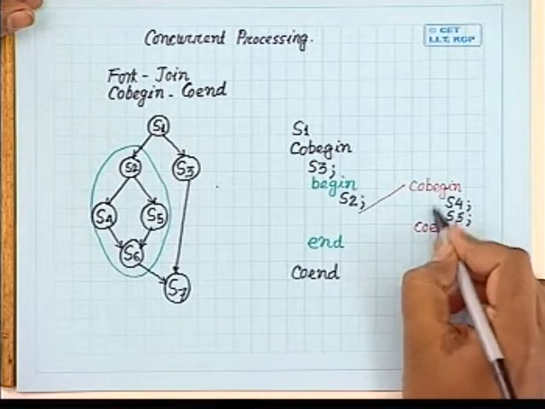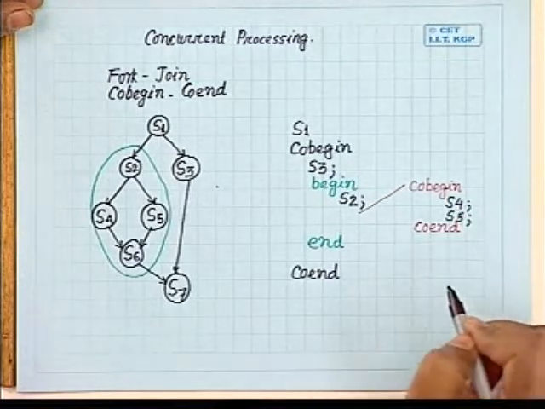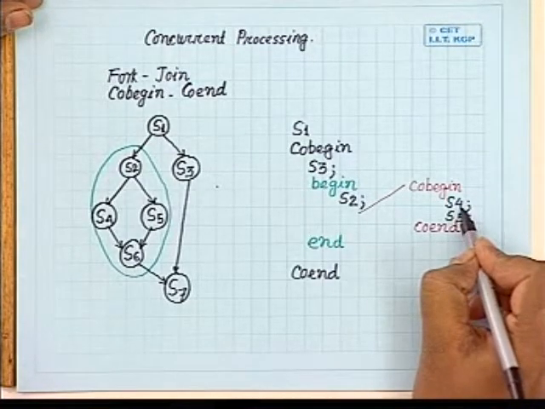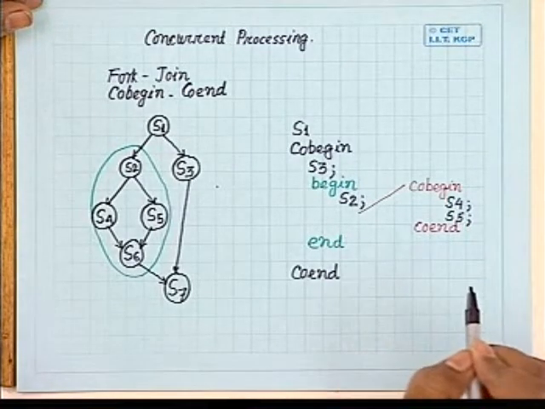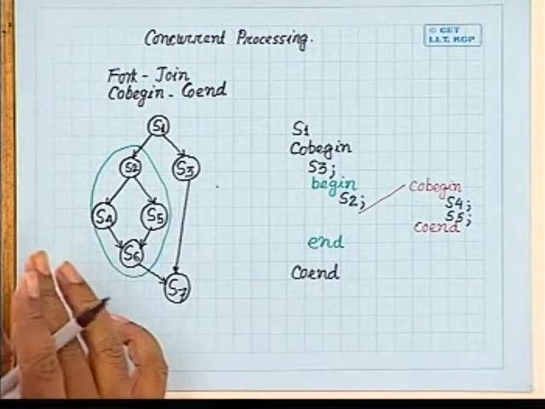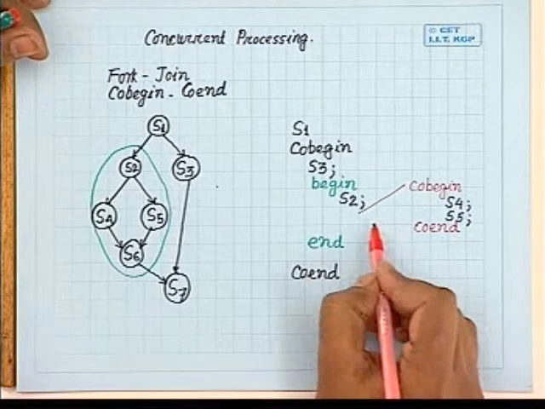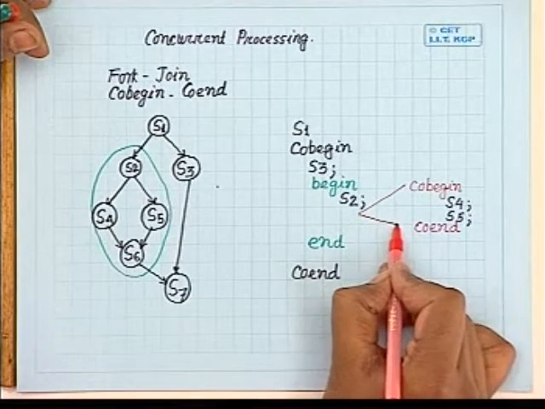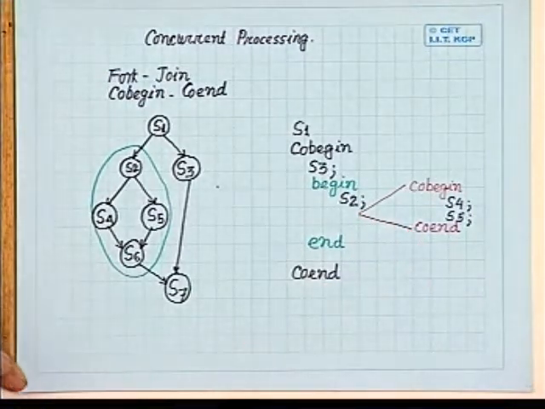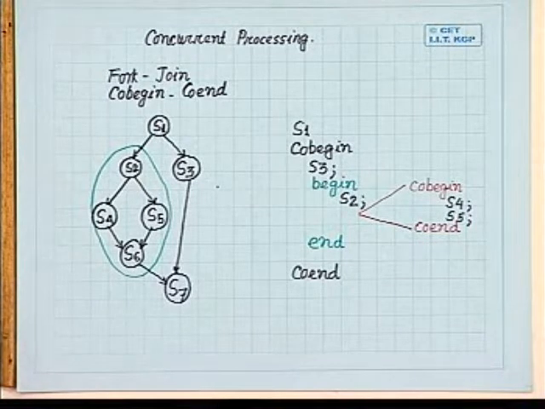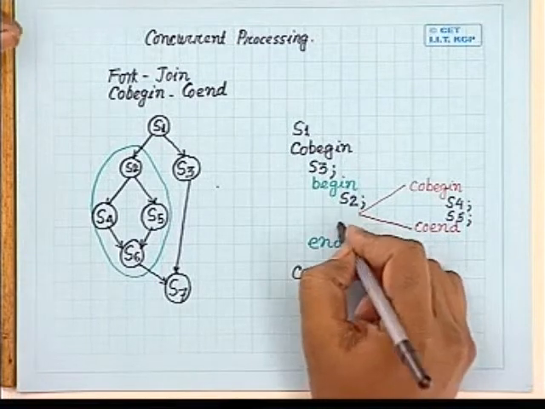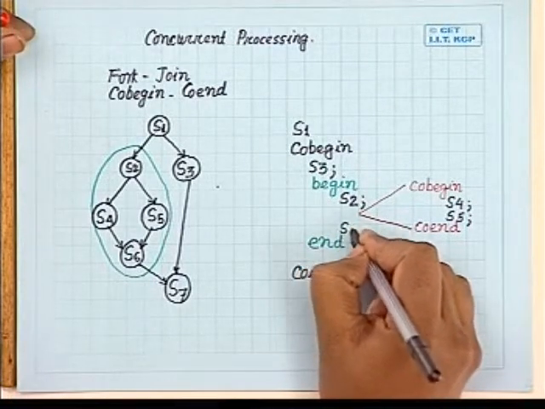Following this structure, two processes will be created, one executing S4 and the other executing S5. After completion of S4 and S5, you then execute statement S6, and S6 has to be executed by a single process.